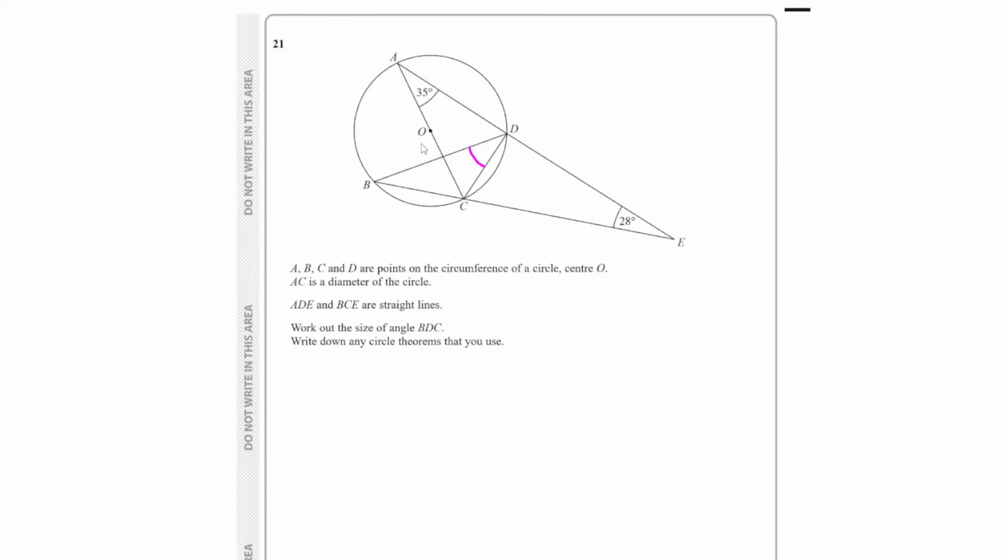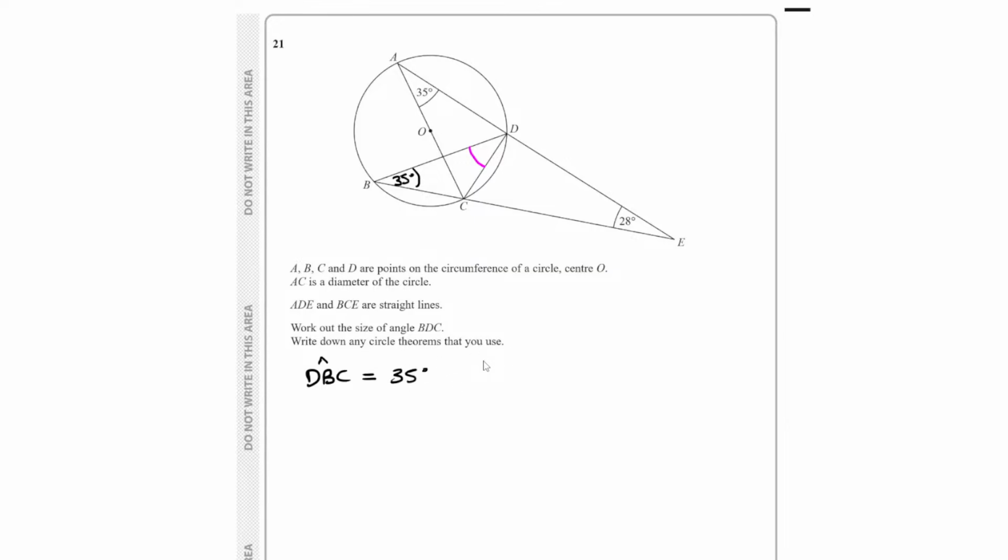There's kind of this bow tie. I don't know if you know it as a bow tie, or the official wording is the angles in the same segment are equal. 35 is the same as this one. That's what the 35 is telling me. So I would write down here, you can also label it, D, BC, or CBD, whichever one you want, is 35.